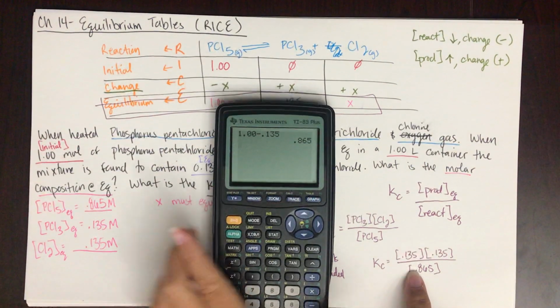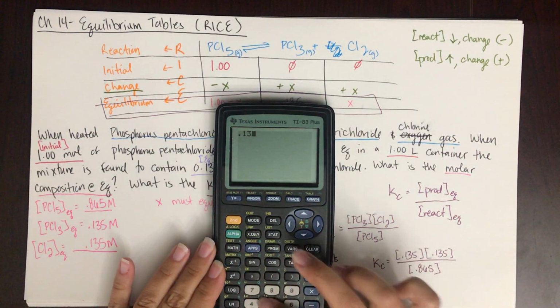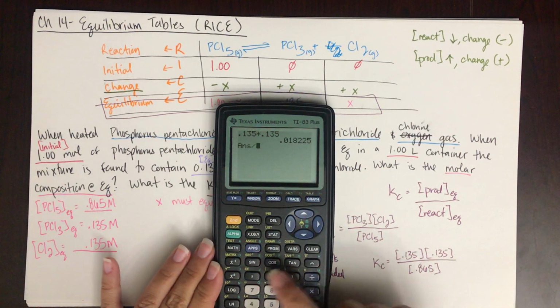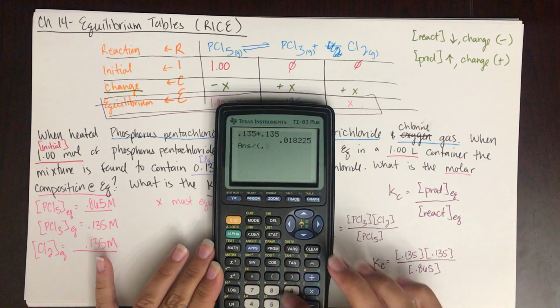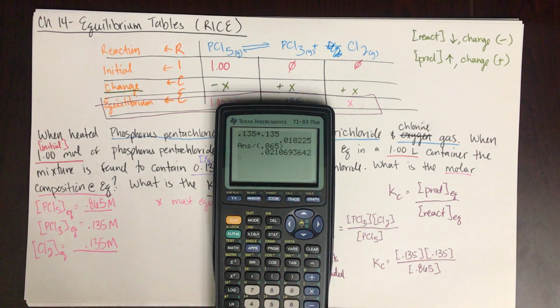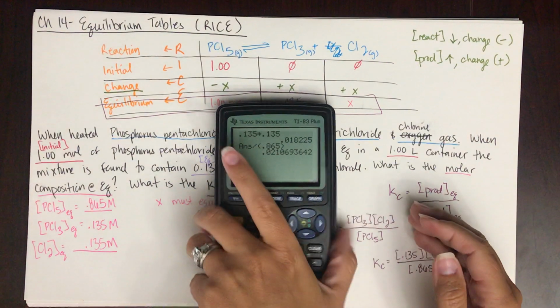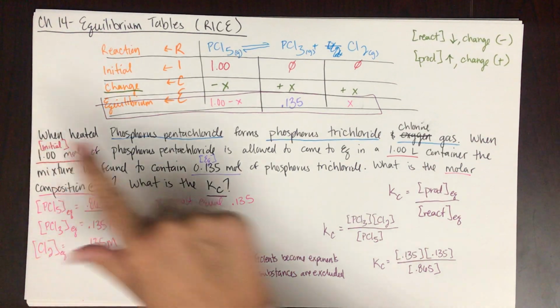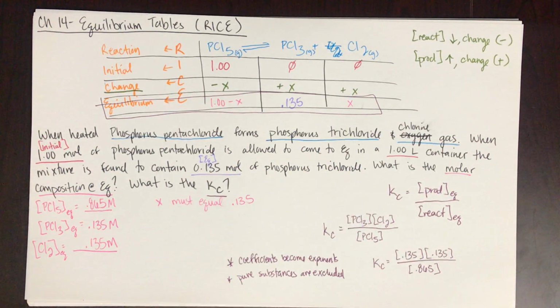So now let's solve for this. I'm going to say 0.135 times 0.135, that's my numerator, divided by my denominator, 0.865, gives me about 0.021069, whatever. So now I'm looking back at the problem to see how many significant figures my answer should have. Everything in this problem has 3 significant figures.